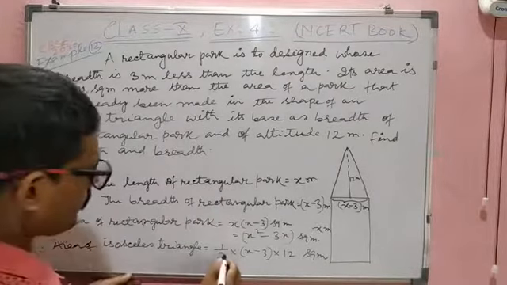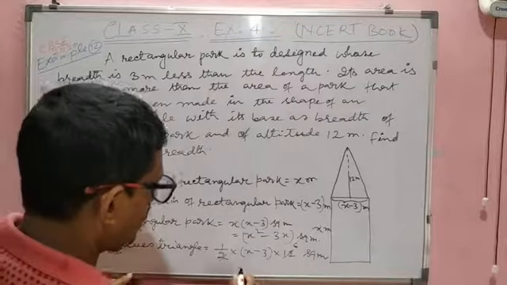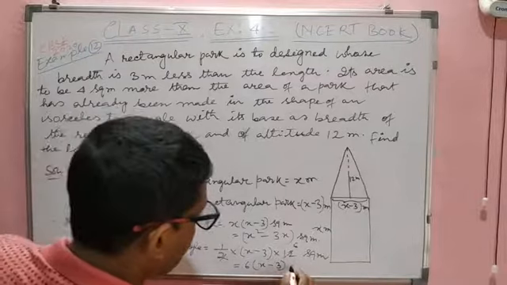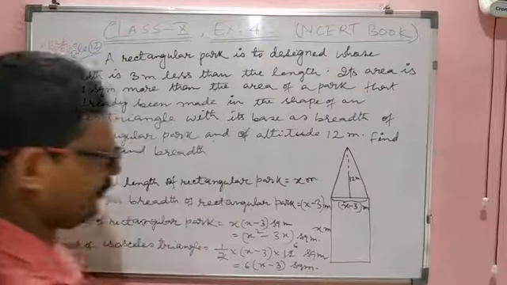So if we cancel this one, it will be 6. So we get 6 into x minus 3 square meter.